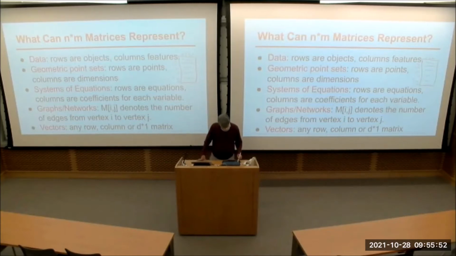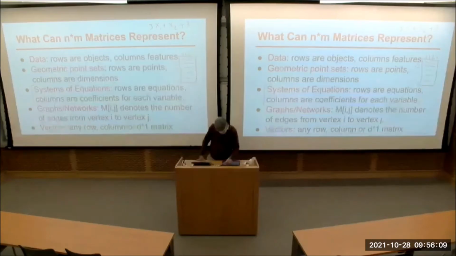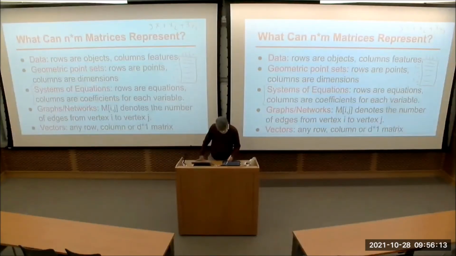We can think about matrices as systems of equations. In a system of equations, what do you have? You have a linear equation in d variables. You have some equation like this. You've got 3 dimensions. The coefficients represent the contents of the matrix.